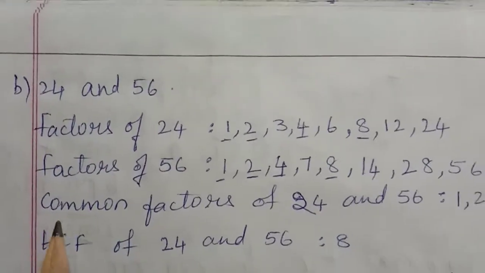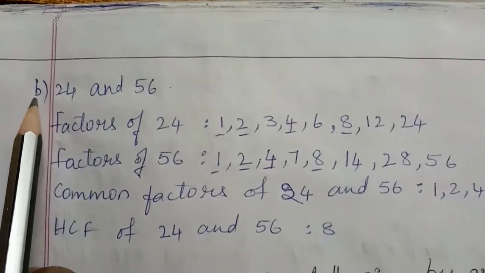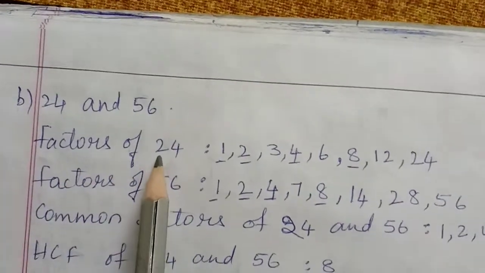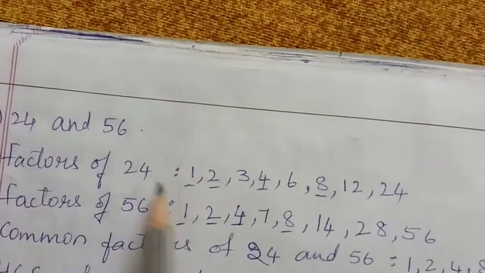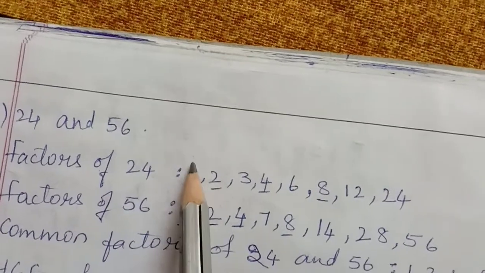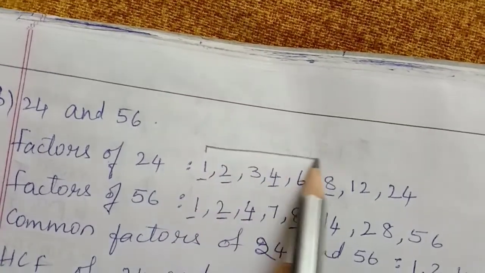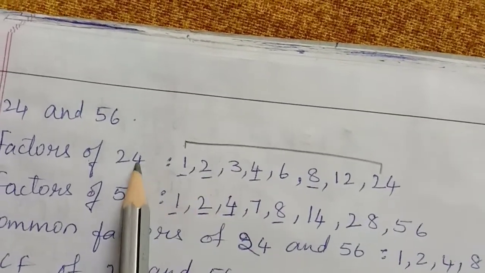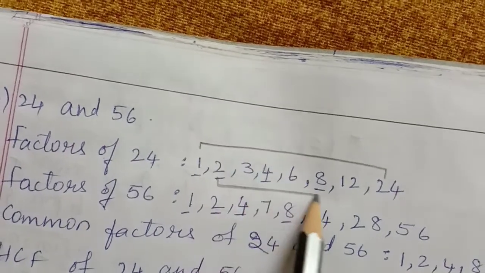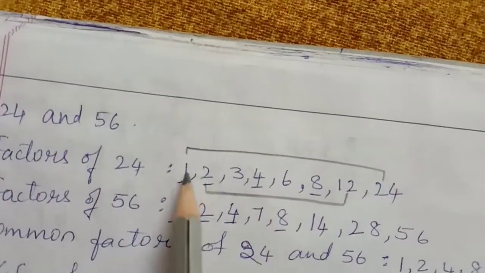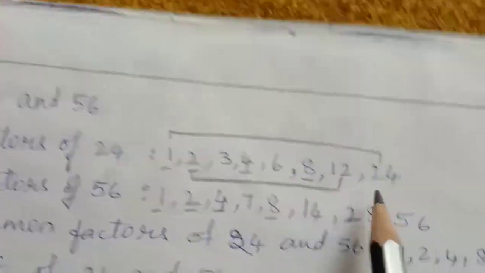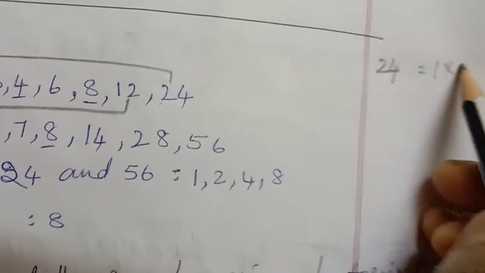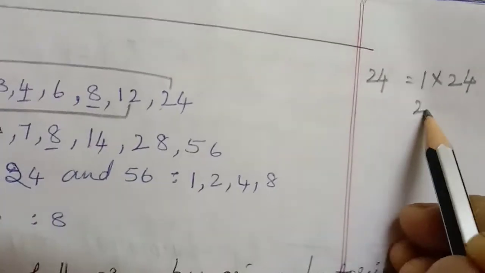Now children, in the same method, second sum we are doing 24 and 56. Factors of 24. So 24 comes in one table. Okay, so 1 into 24. It also comes in 2 because it is an even number. 2 into 12. Children, actually before writing this one line factors, how we used to write 24 equal to 1 into 24, then 2 into 12.